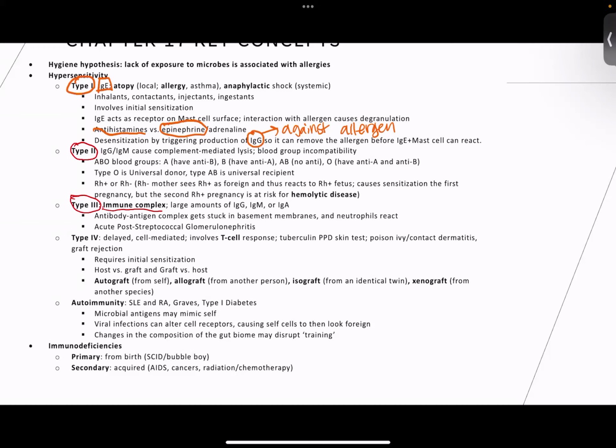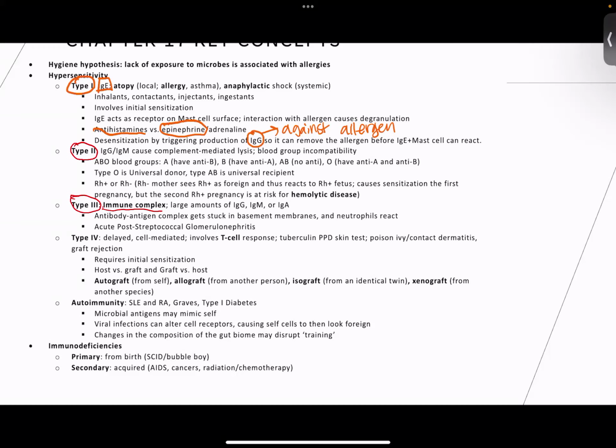And then that inflammation that the neutrophils are inciting causes issue in the tissues surrounding where that complex got stuck. And so while the body's trying to clear out antigen, it creates those large groupings of antibody and antigen called a complex. And then when they get stuck, the inflammatory response happens and it affects the tissues in the area.